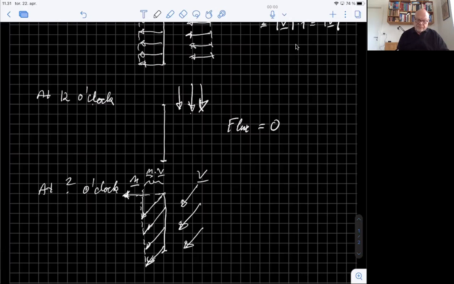So the flux is again the area of this parallelogram, and this will be equal to the normal vector times the v vector times the length of the window. So this will be n times v.